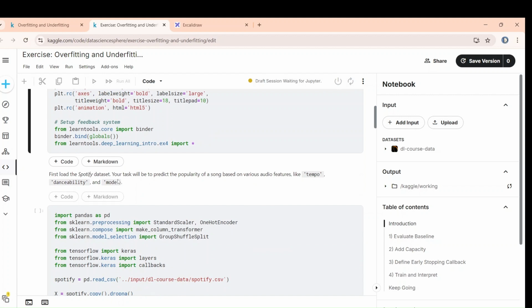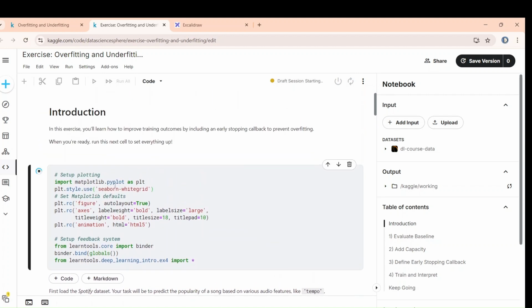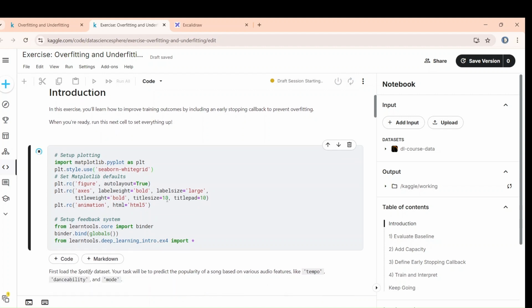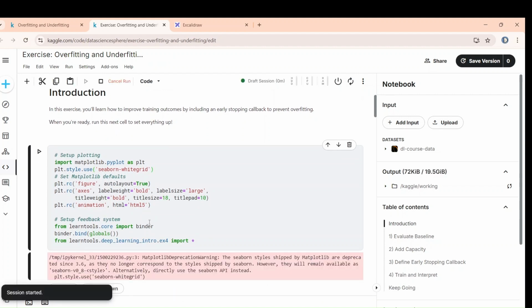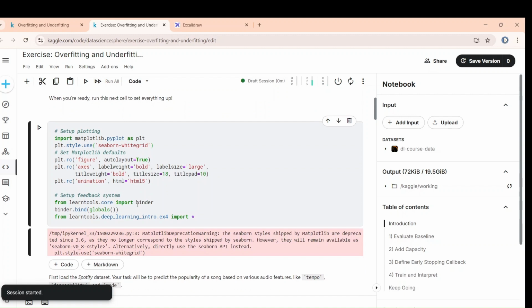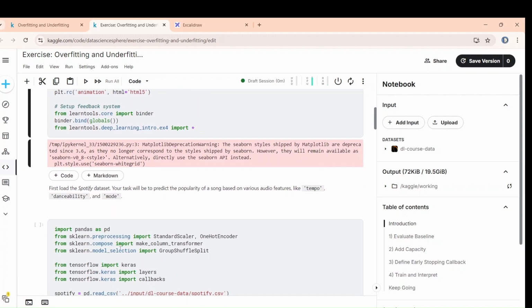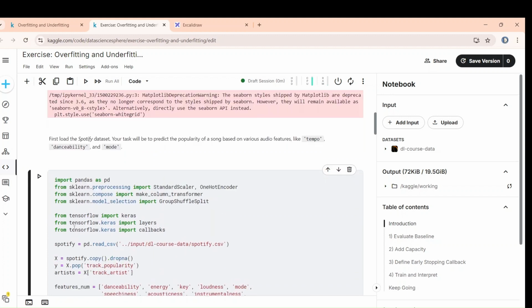First, load the Spotify dataset. Your task will be to predict the popularity of a song based on various audio features like tempo, danceability, and mood. Import matplotlib, plt.style.use, and set label size, title weight, title size. Then the learntools.core import binder, and all these things.